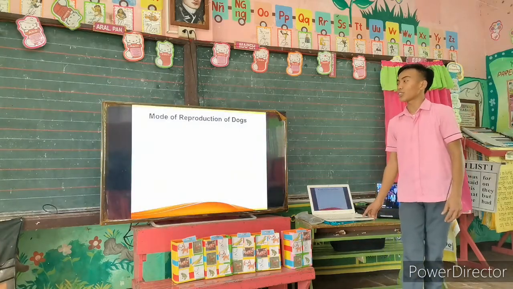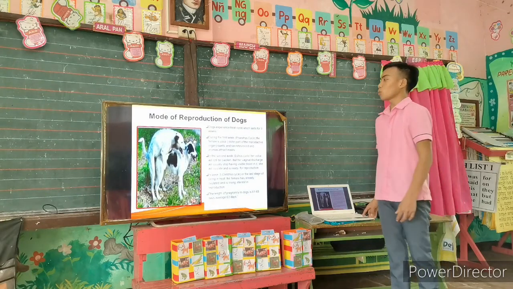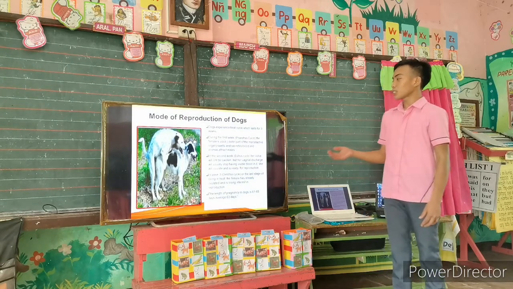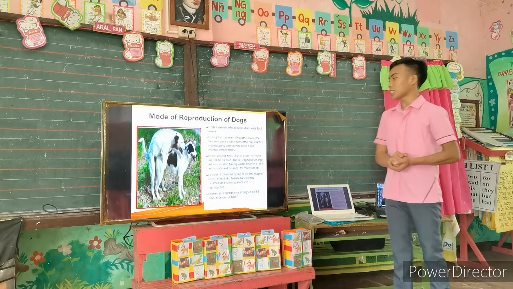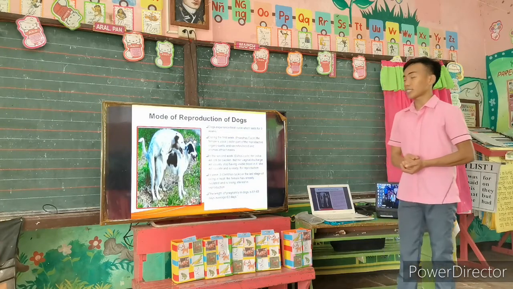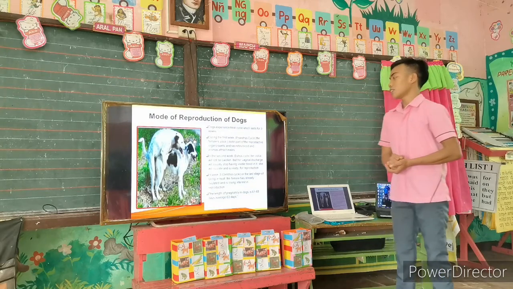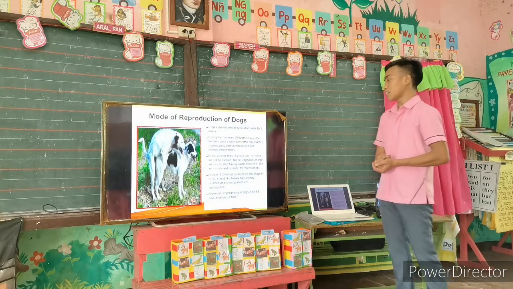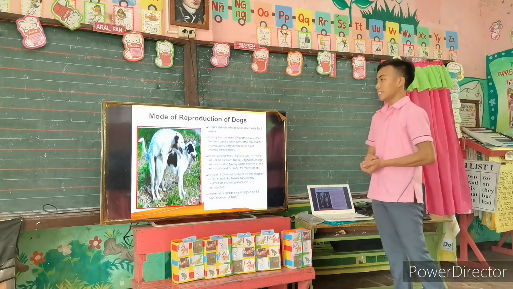Modes of reproduction of dogs. Dogs experience a heat cycle which lasts for 3 weeks. During the first week, proestrus, the female's vulva, the outer part of the reproductive organ, swells and secretes blood, and aromas attract males. In the second week, estrus, her vulva will still be swollen, but her vaginal discharge will usually stop having visible blood in it.